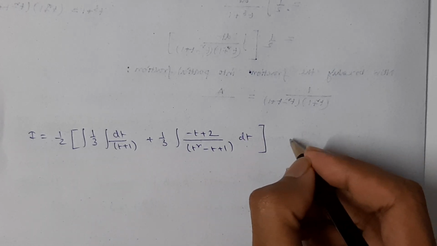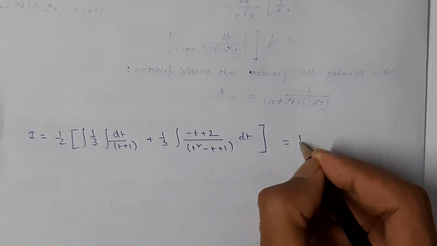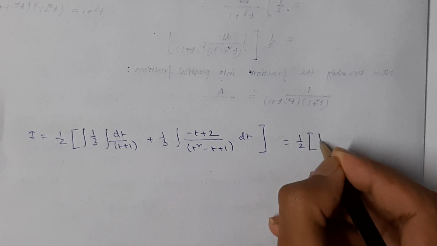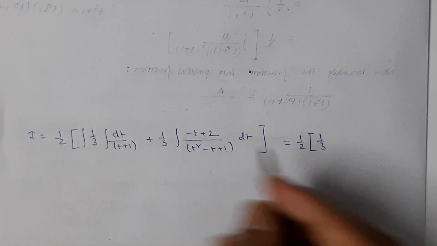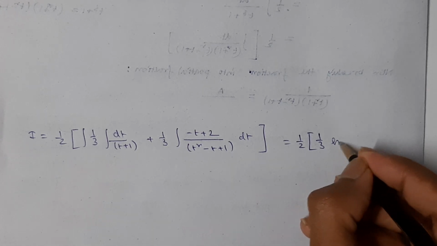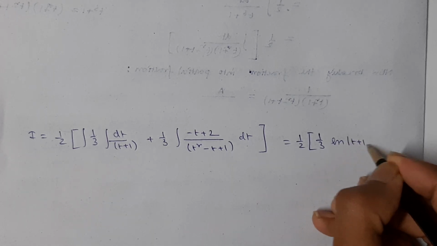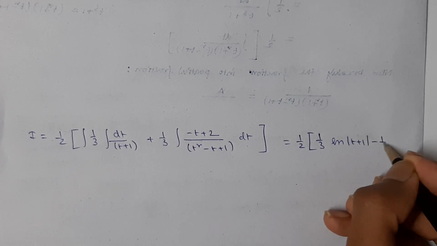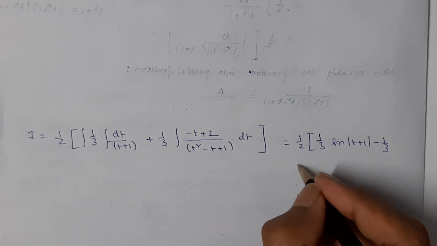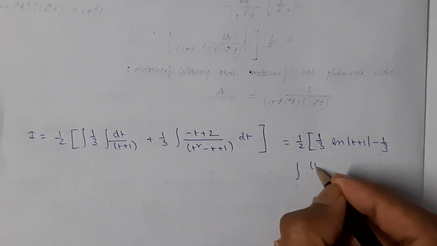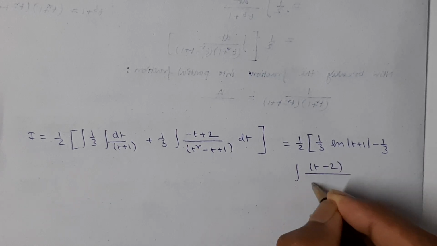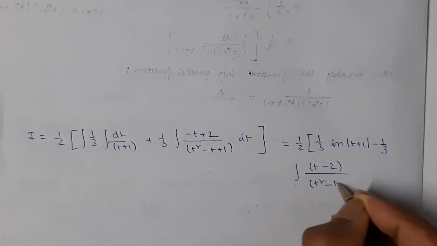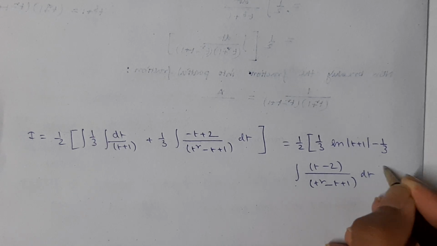Okay, so this is 1 by 2, 1 by 3, and this is ln of t plus 1, minus 1 by 3 integration of (t minus 2) by (t square minus t plus 1) dt.